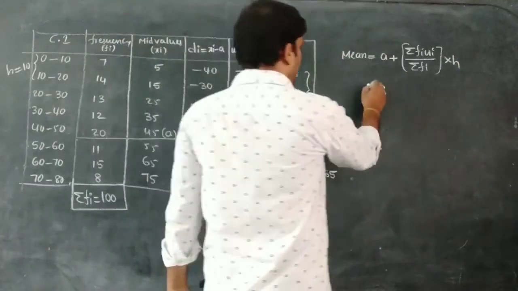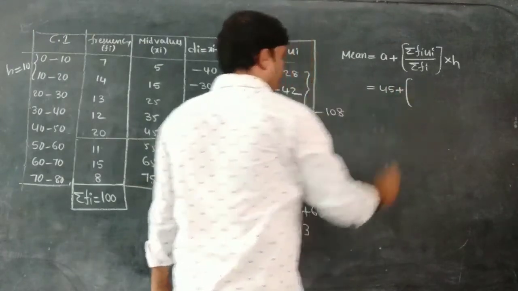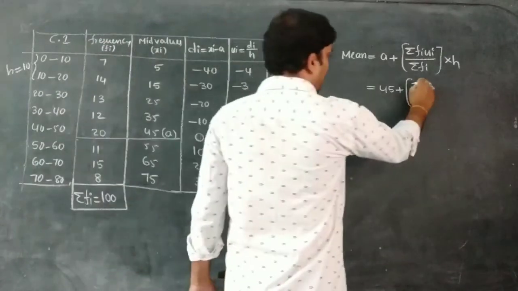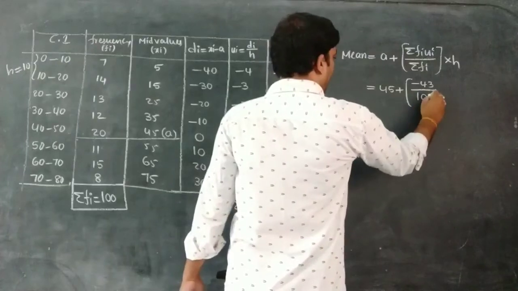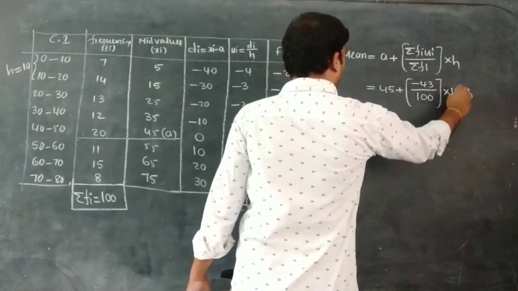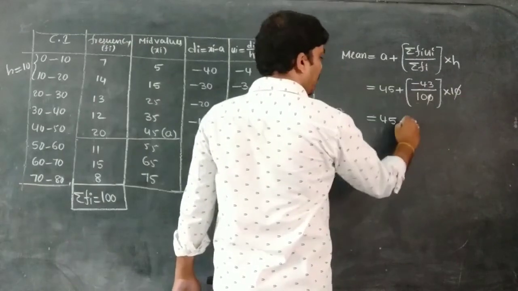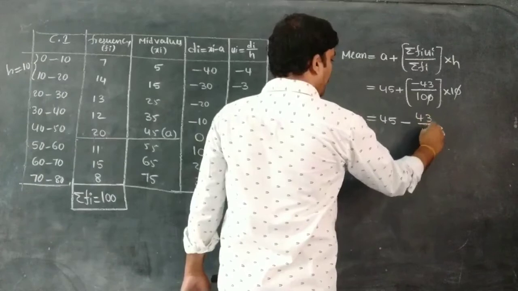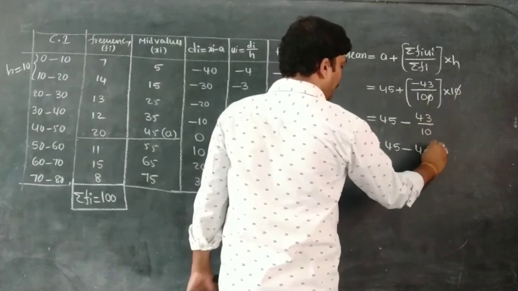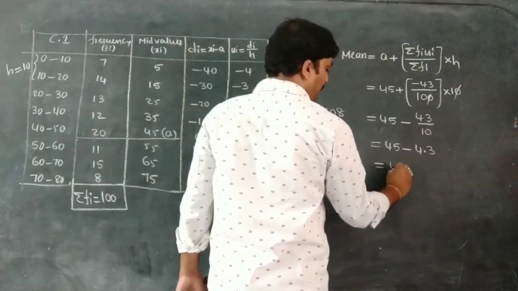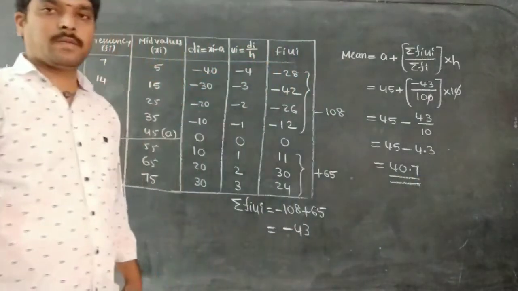Now the A value is 45, plus sigma fi ui is minus 43, sigma fi is 100, the h value is 10. Here 0 0 cancel. Now 45 plus into minus, minus 43 by 10. 45 minus 4.3, subtract both, we get 40.7. This is the mean by step deviation method.